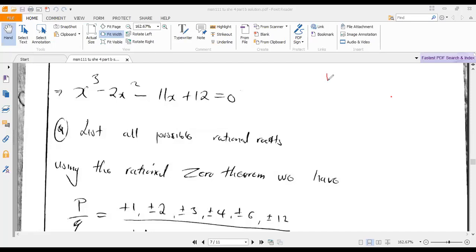We have 10x to the power 3, isn't it? So this is the coefficient, so you know that this is our Q. Now, what are the factors of 10? We have 1, 2, 5, and 10, right?